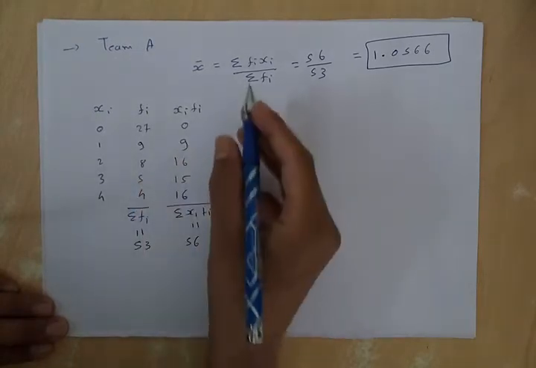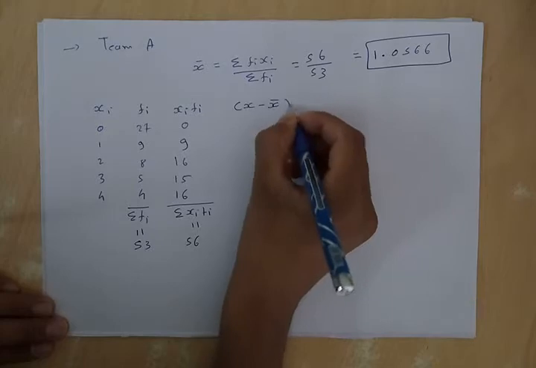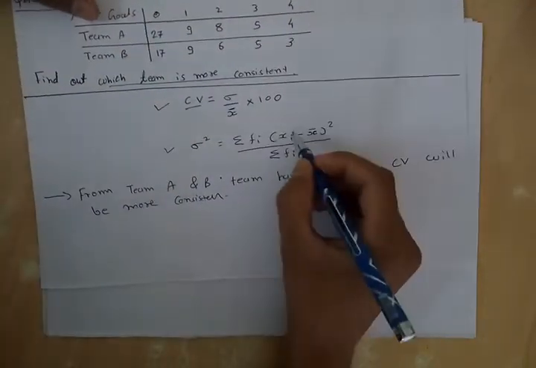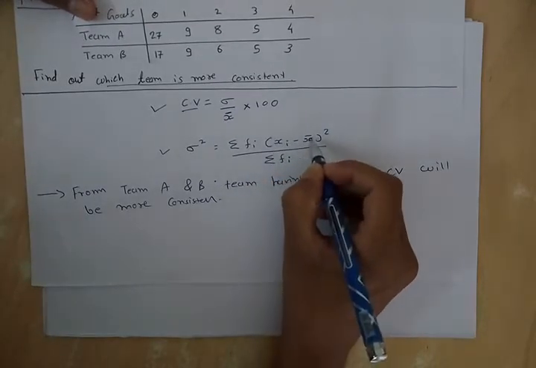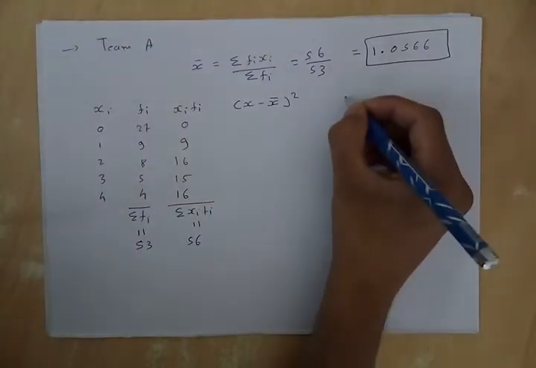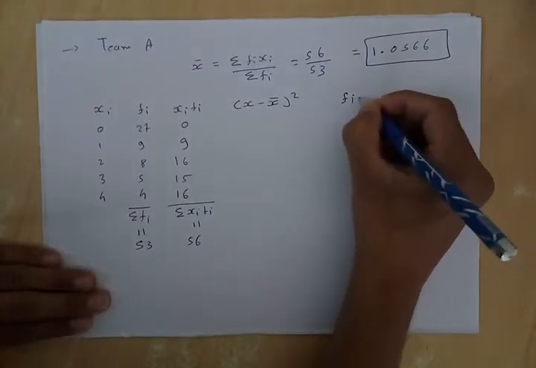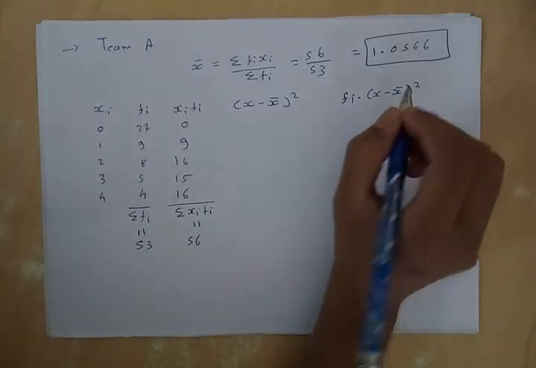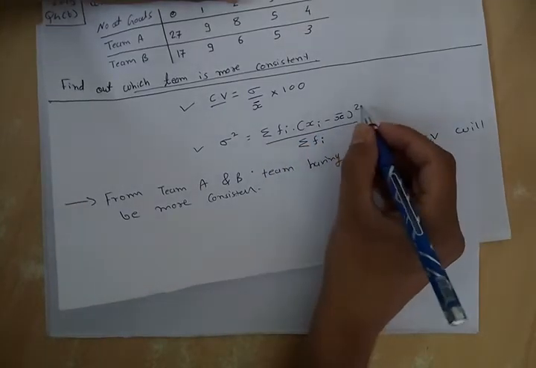Now in the next column we will calculate x minus x bar whole square, because we have to use this term in this formula. So we will calculate xi minus x bar whole square, and then we will add again a column fi times x minus x bar whole square, because this is multiplication of fi times xi minus x bar whole square.